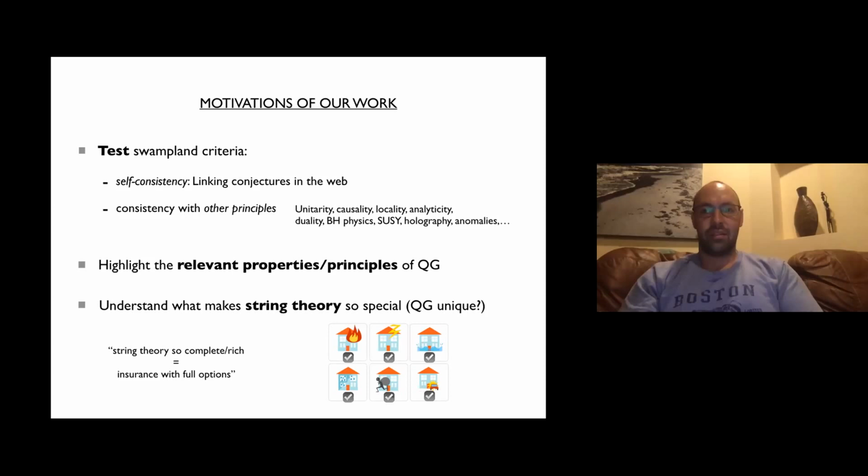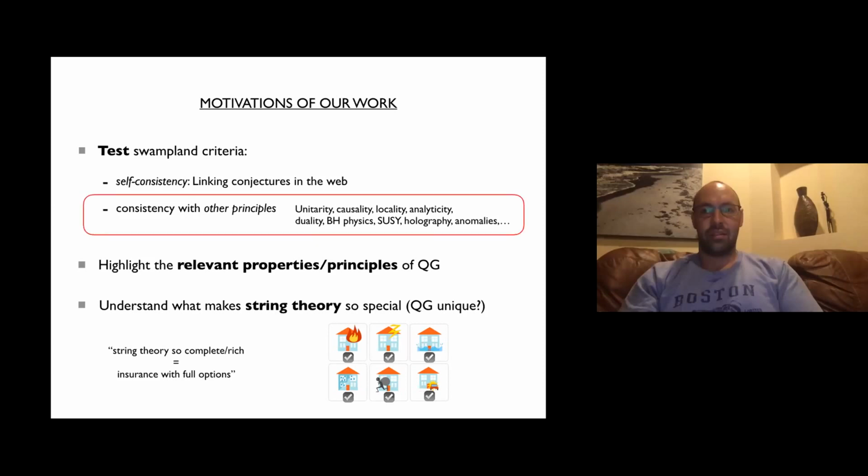String theory is so rich, maybe too complete, like an insurance with full options, if you want. But many times you just want to understand what quantum gravity really is, and which of these properties are the relevant ones.